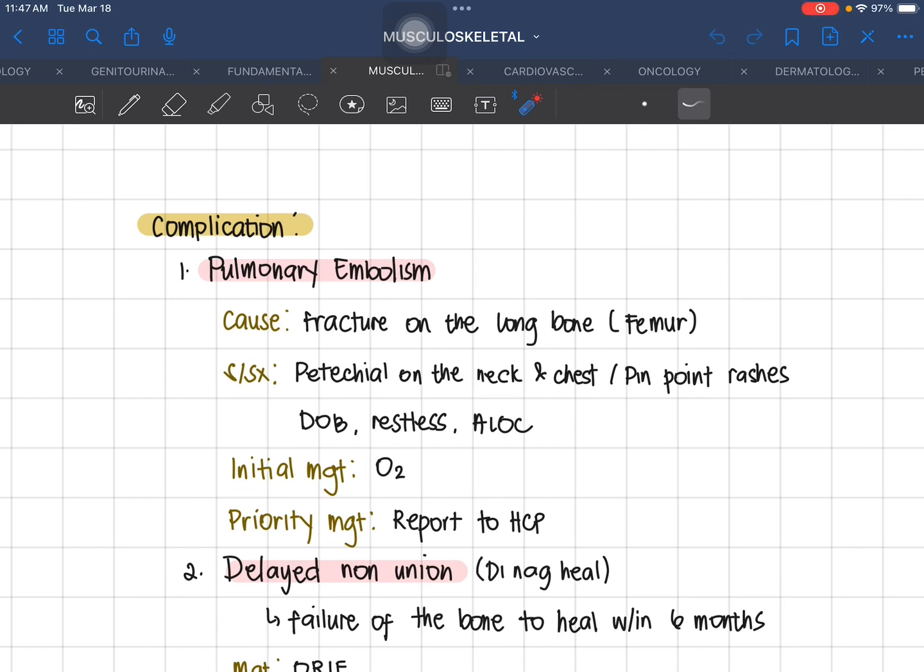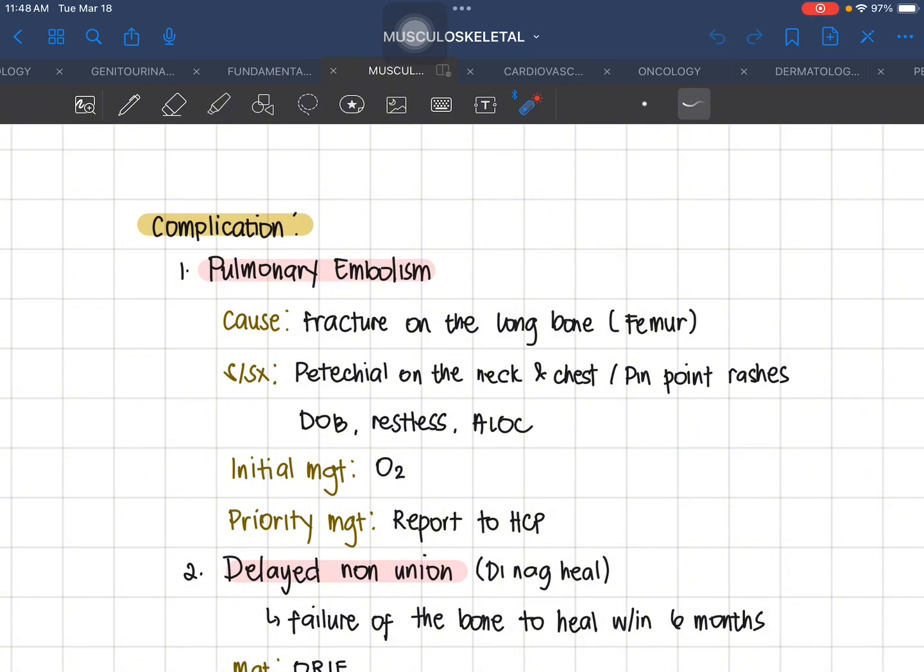Another is the OB, of course, lungs is affected, restless, and altered level of consciousness. Initial management dito, of course, dahil lungs ang affected, O2 tayo. Hindi natin uunahin muna yung immobilize.